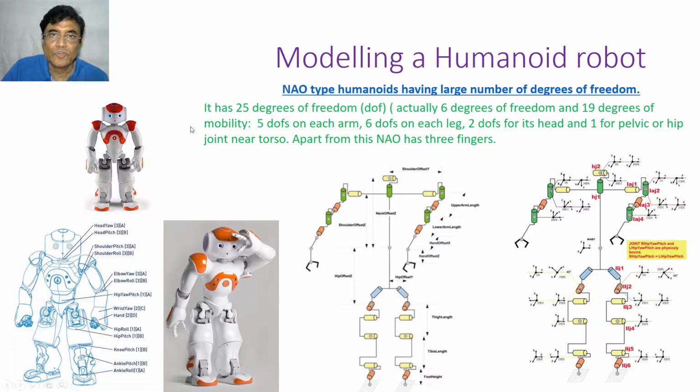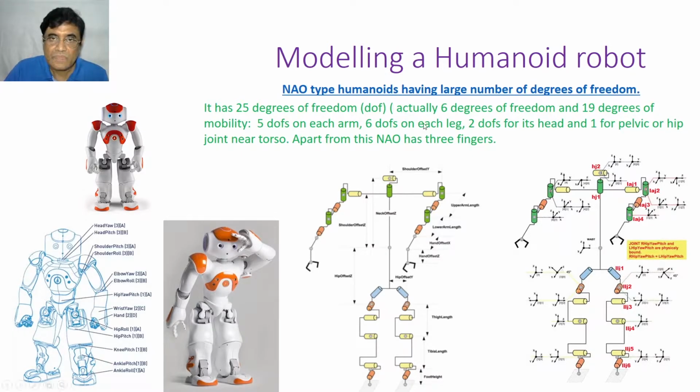So we will discuss how to model the NAO robot in my subsequent lectures, and we will talk in such a generalized way that once you know how to model a Baxter type of robot and a NAO type of robot, you will be able to model any type of robot given to you.